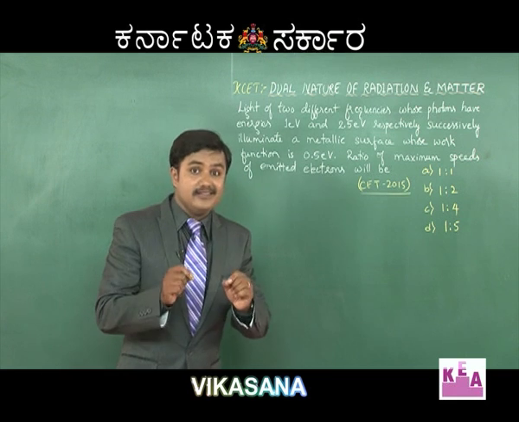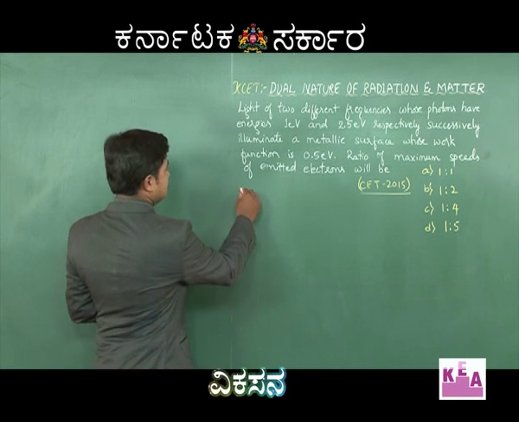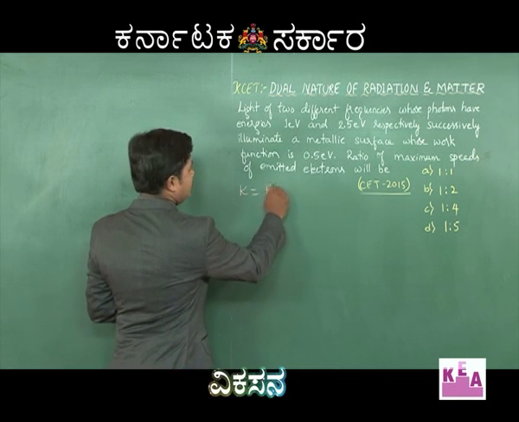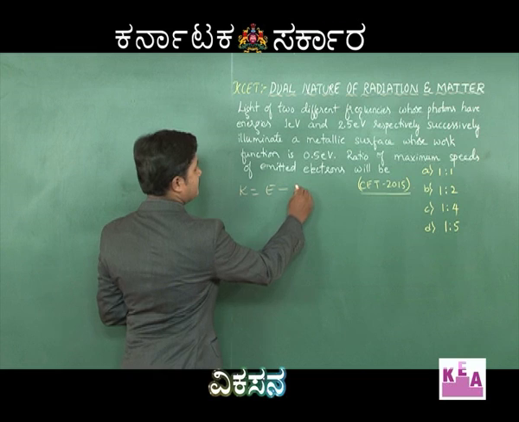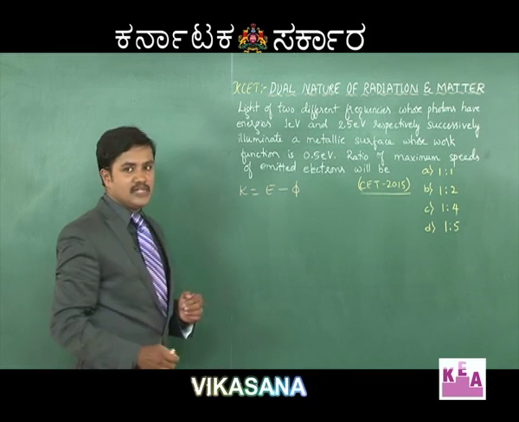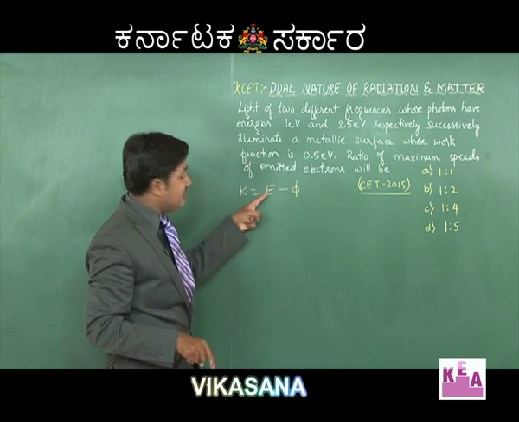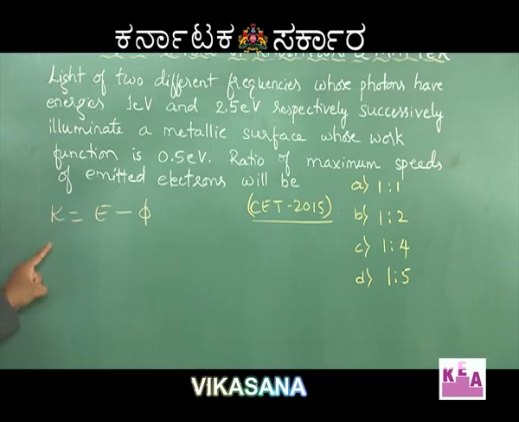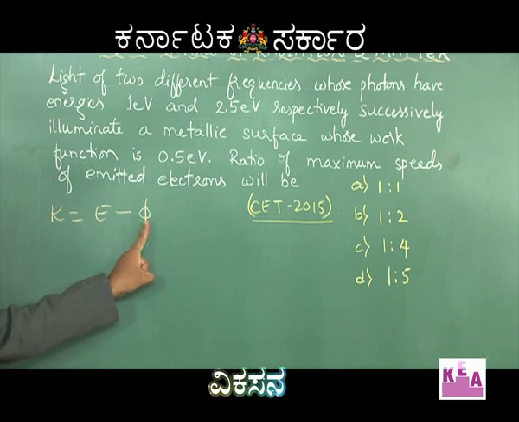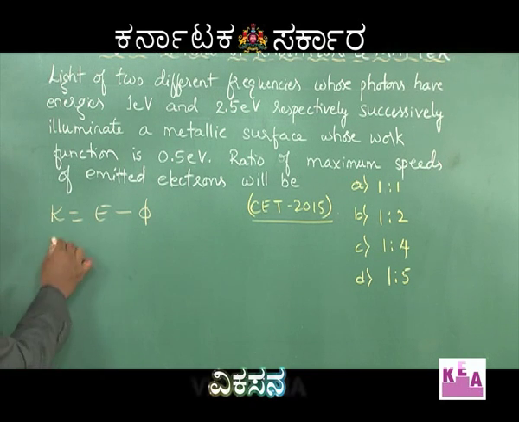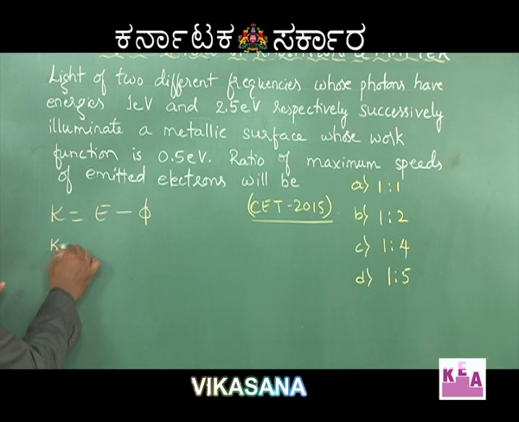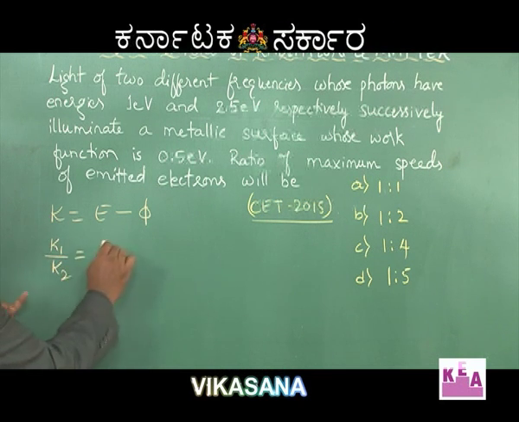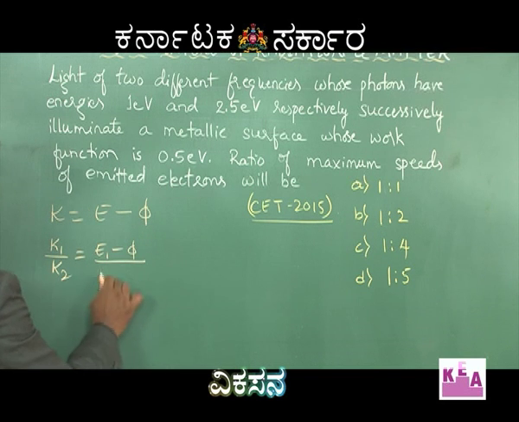Let me write the expression for kinetic energy. K is equal to incident energy minus work function. Since we have two different incident energies, I have two different kinetic energies, because the work function is constant. So K1 by K2 is straight away E1 minus phi divided by E2 minus phi.